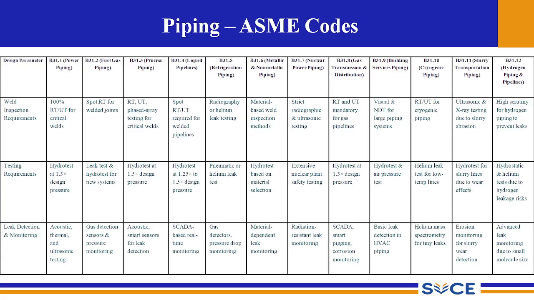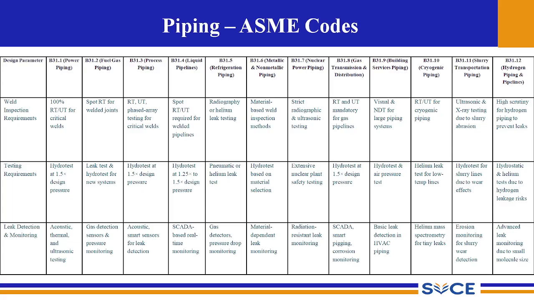Next is the requirements of the welding inspection, then the testing requirements and the leak detection and monitoring. So for B31.1, it is a 100% ultrasound testing for critical welding.